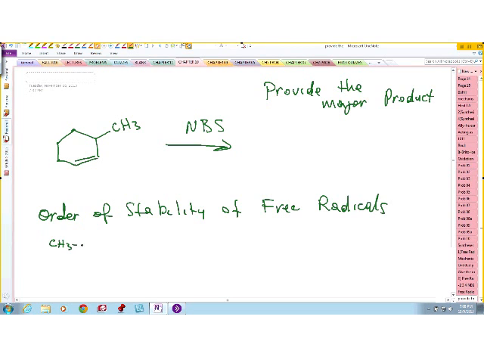The most stable is allylic, more stable than tertiary, more stable than secondary, more stable than primary, and more stable than methyl. Okay, let's give an example of that. For example, we say this here.